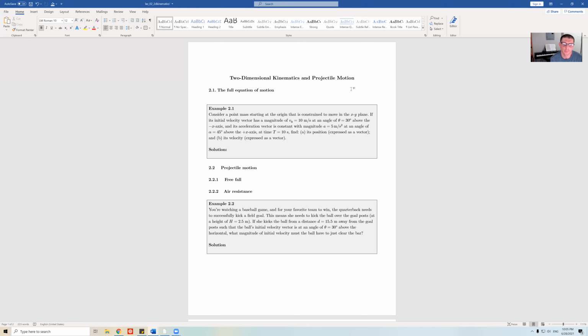Anyway, what we want to do today is figure out what two-dimensional kinematics is about, right? And this just means figuring out everything there is to know about a mass moving, say, in the XY plane.